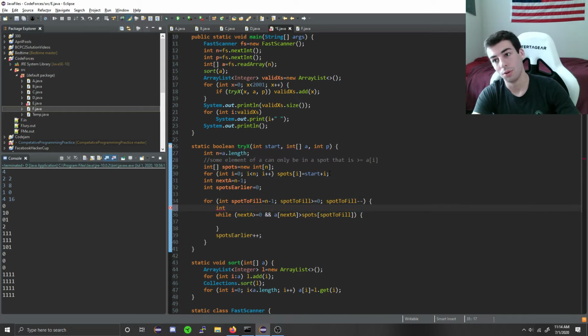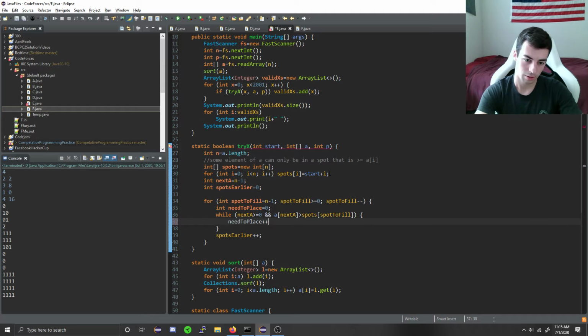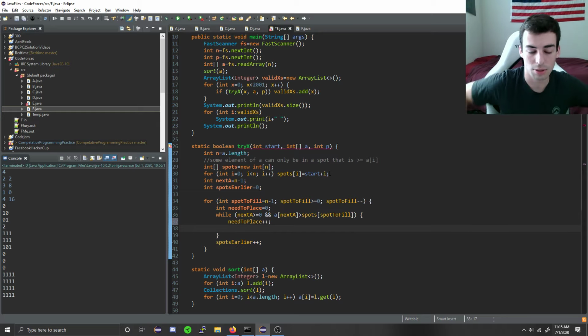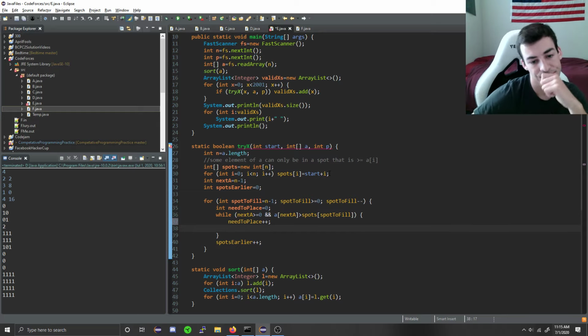Okay, so we'll keep track of how many spots there are. We also need to keep track of how many we need to place. And now what we can do here is we can increment how many we need to place, because we need to place this one now. So we'll increment that, and then what else do we need to do? We need to decrement next a.